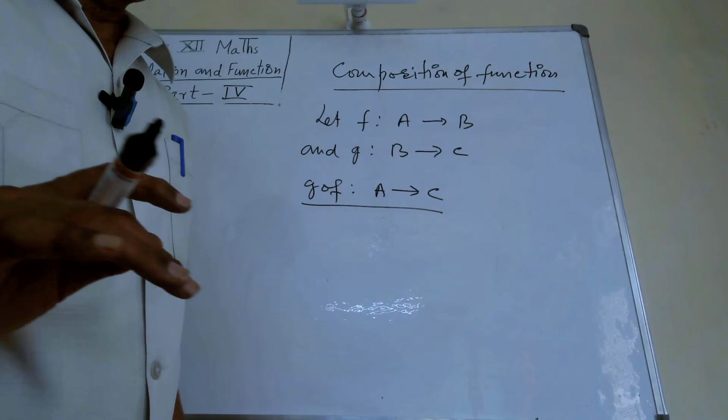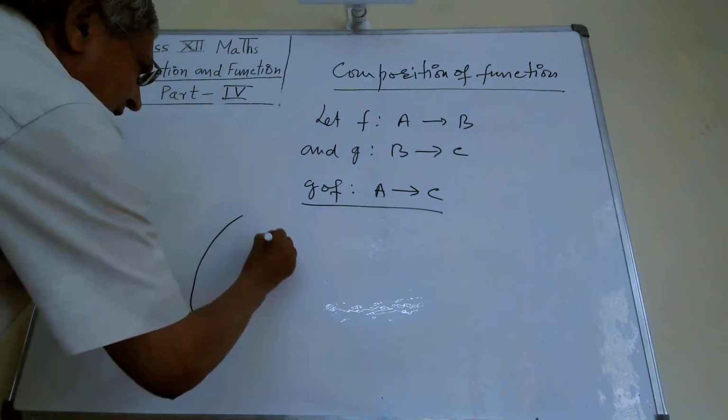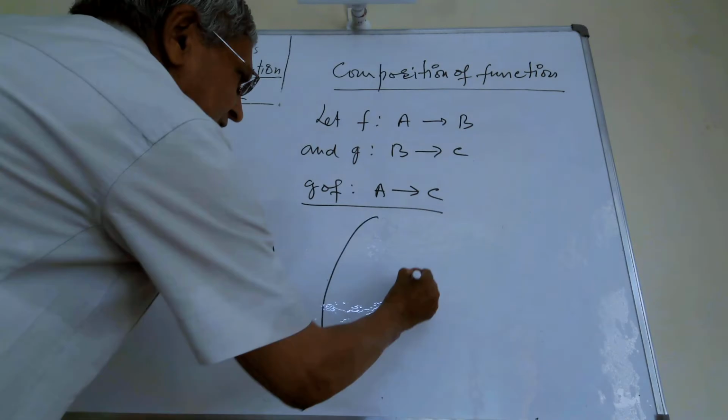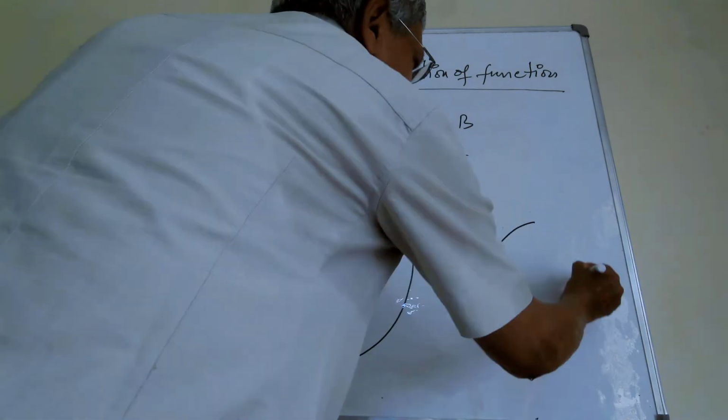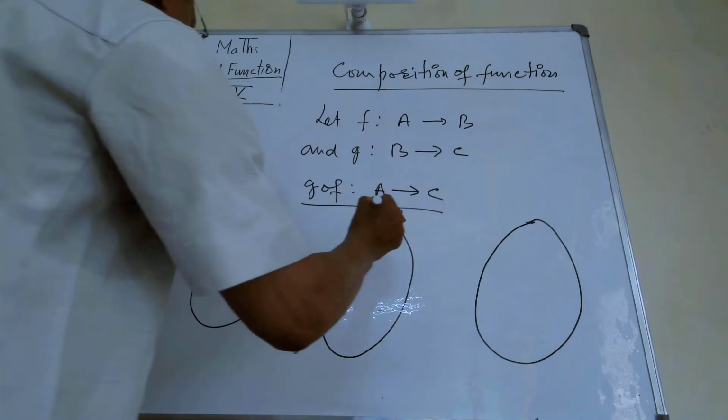So I want to make composition clear with the help of an example. This is the A set, this is the B set, this is the C set.